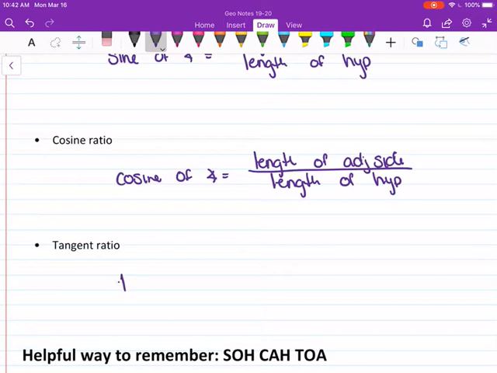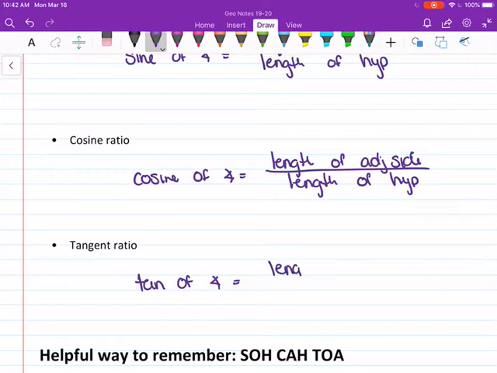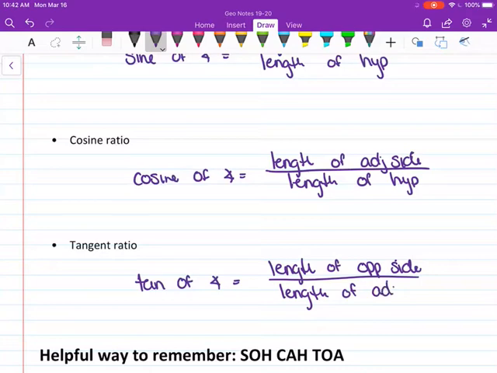And then the tangent of an angle is going to be the length of the opposite side divided by the length of the adjacent side.